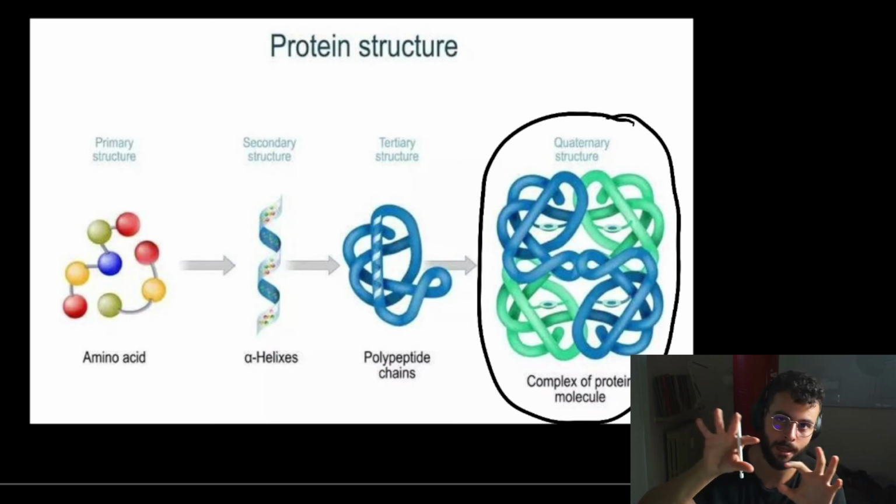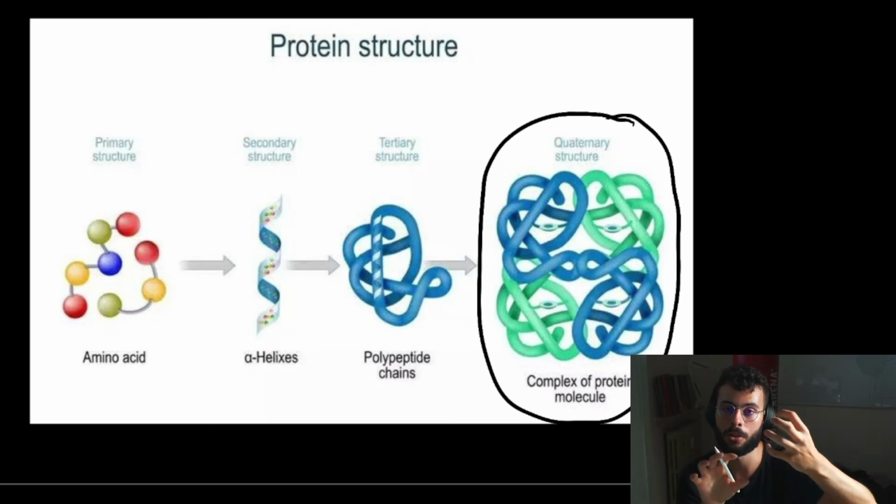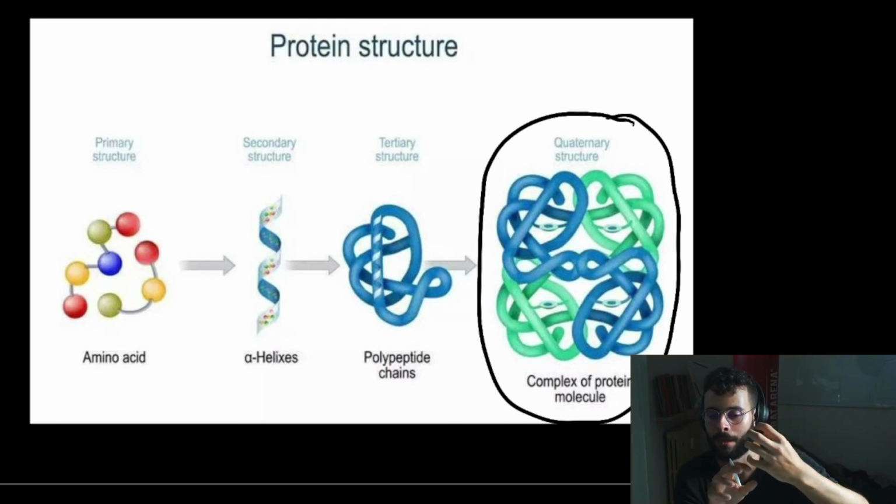They are not attached to each other through covalent bonds, but they attach next to each other through electrostatic bonds, which are basically intermolecular forces. And the intermolecular forces can form this very stable quaternary protein, which is built from different polypeptides that all come together in order to have a specific function.